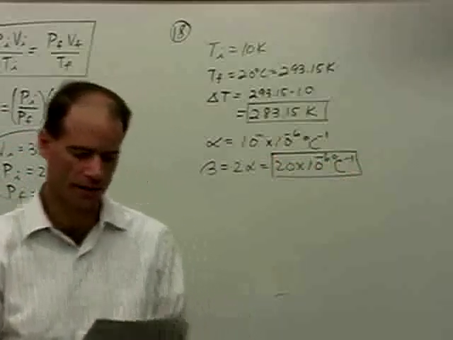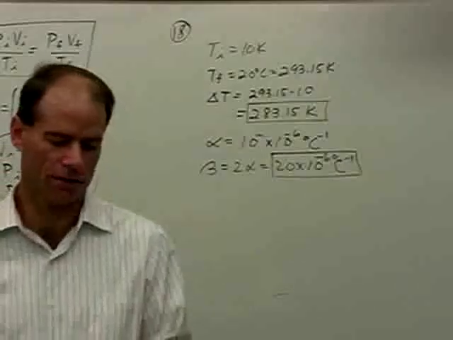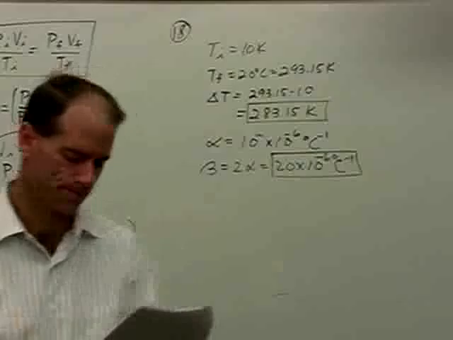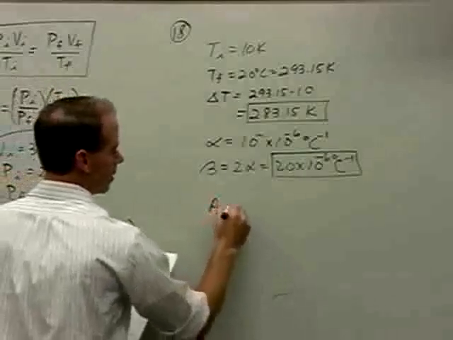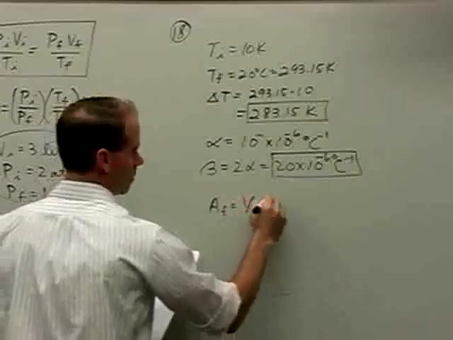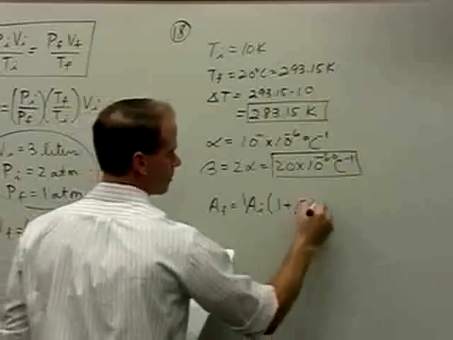We want to find the final area of this plate when we've gone from the low temperature to room temperature. So we're going to say that our final area will equal our initial area times 1 plus beta times our change in temperature.